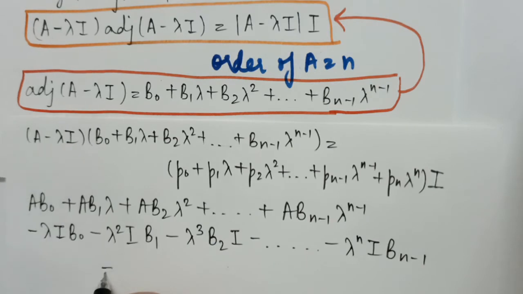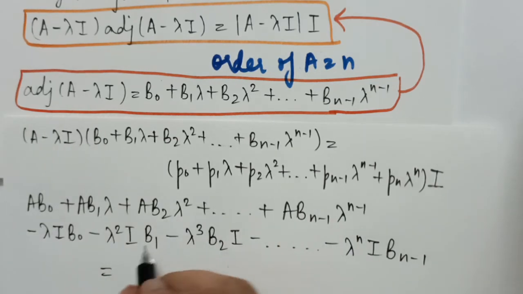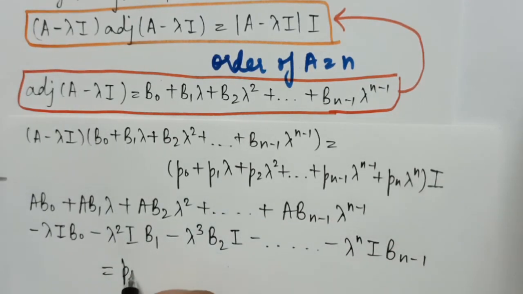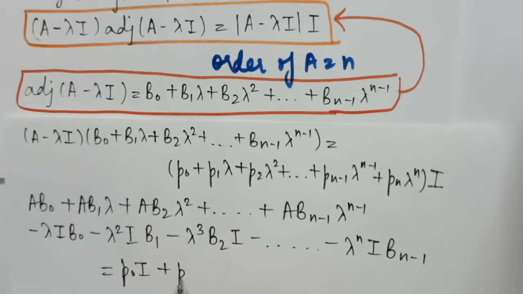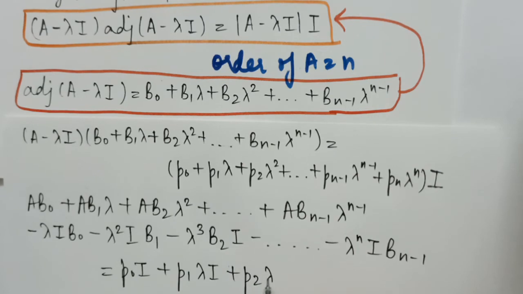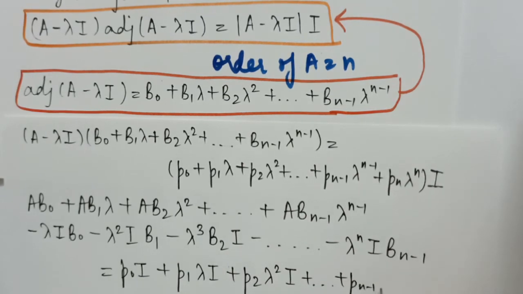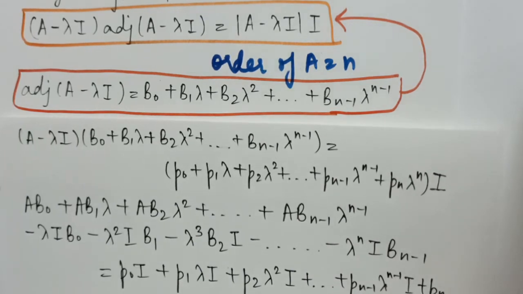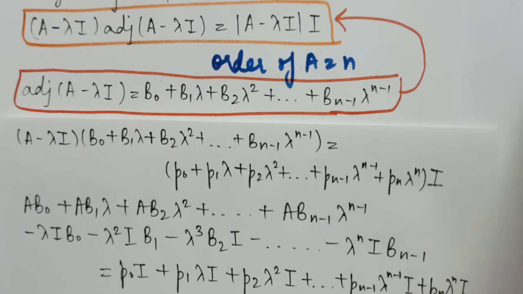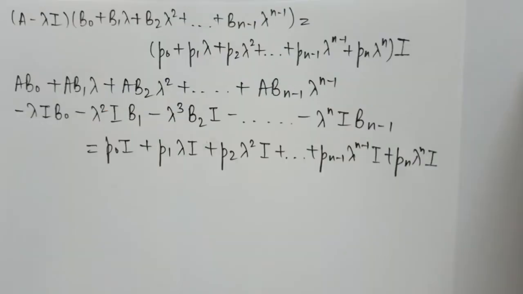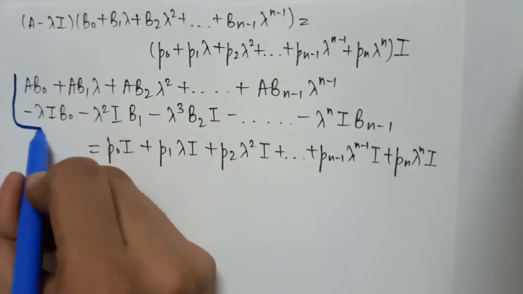And now this total is equal to p naught into I plus p1 lambda I plus p2 lambda square I plus up to so on pn minus 1 lambda n minus 1 I plus pn lambda n I. Let's further simplify this.